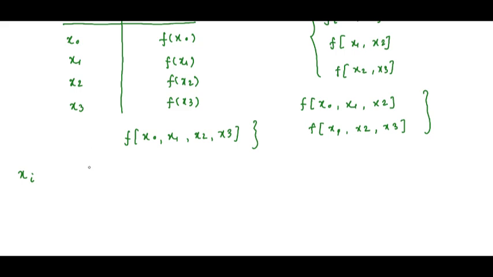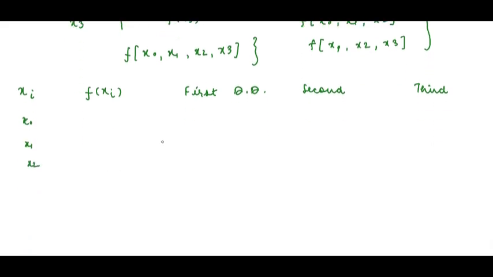And hence the table looks like this: xi, f(xi), the first divided difference, the second divided difference and the third one. Here x is x0, x1, x2 and x3, and f(x0), f(x1), f(x2), f(x3).